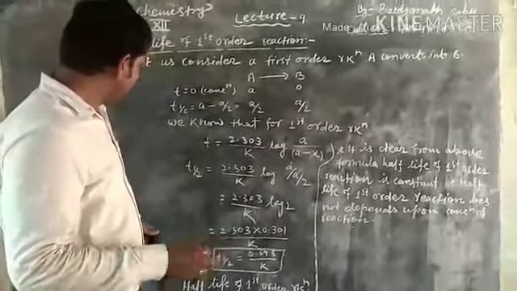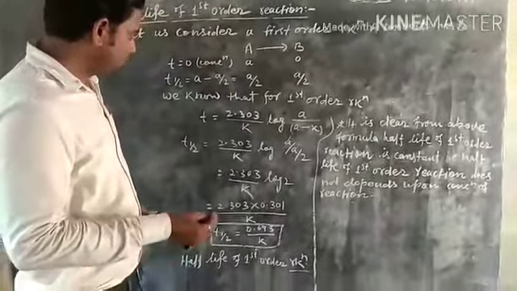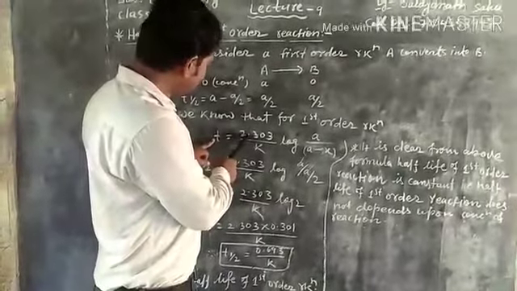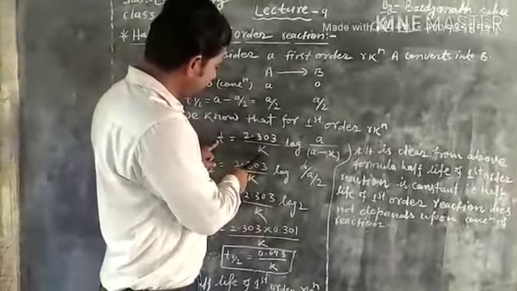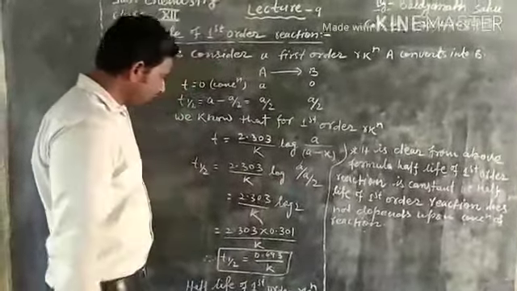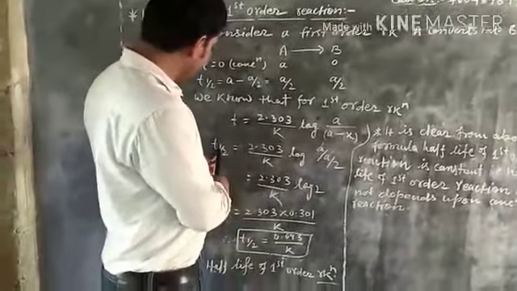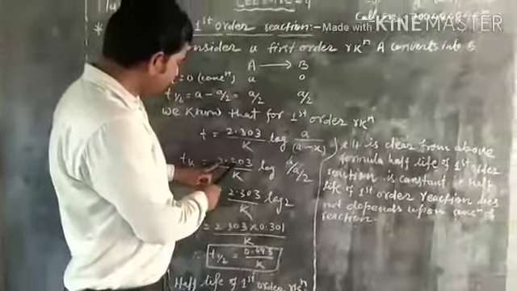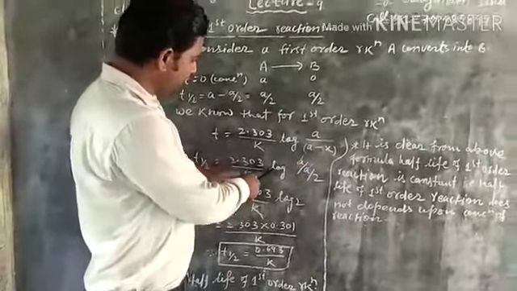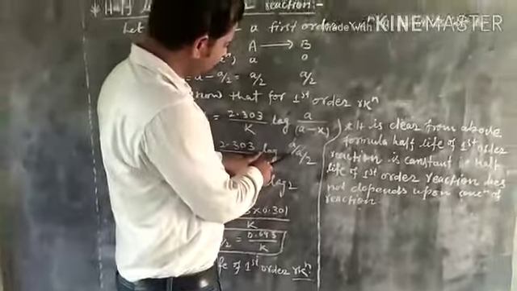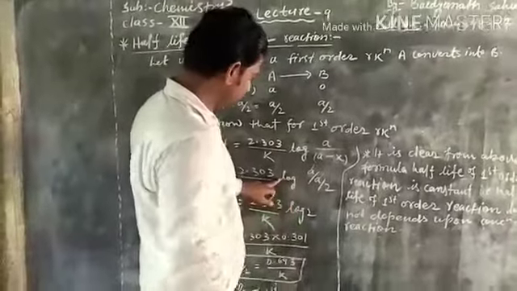And dear student, you know the formula of first order reaction, and T for first order reaction is 2.303 by K log A by A minus X. Then T half equal to 2.303 by K log A by A by 2.